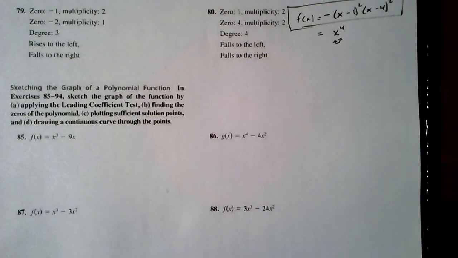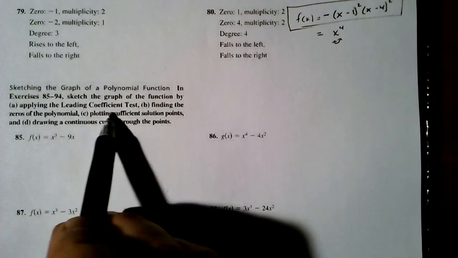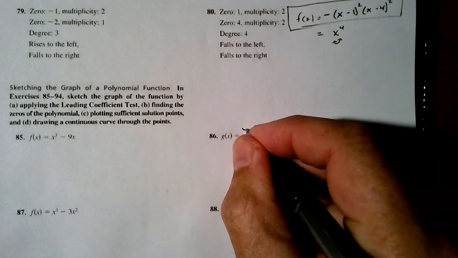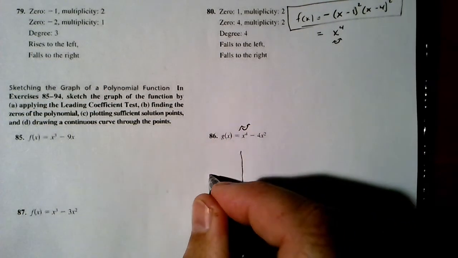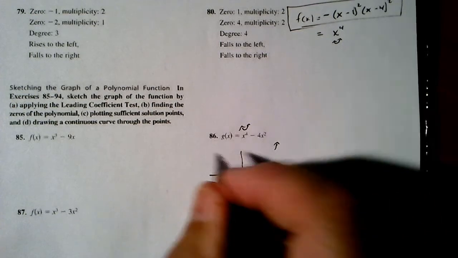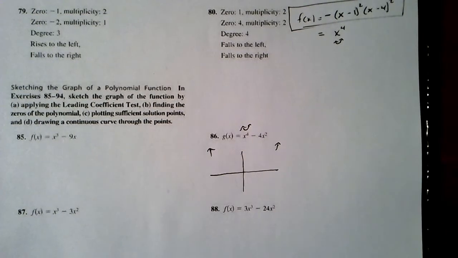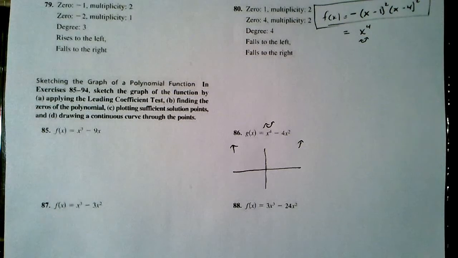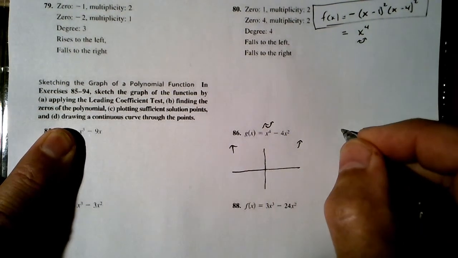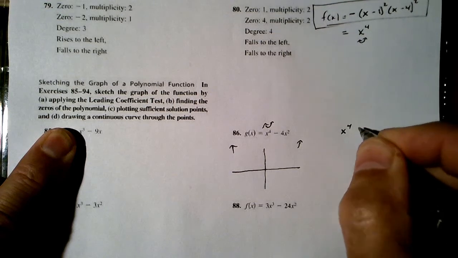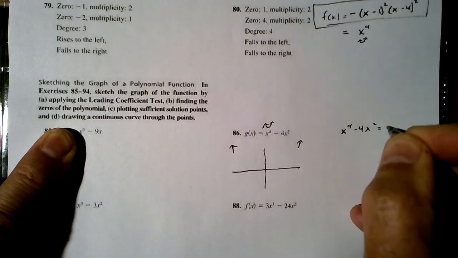Okay, now, a lot of this builds up to here. Sketch the graph of the function applying the leading coefficient test. Well, this graph wants to rise to the right, rise to the left, so I would do that as I'm sketching this. Finding the zeros. Well, let's see. X to the fourth minus 4x squared equals 0.